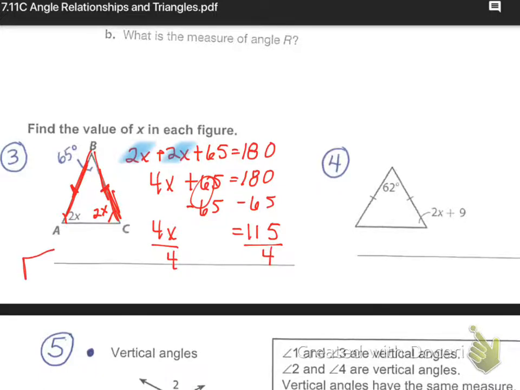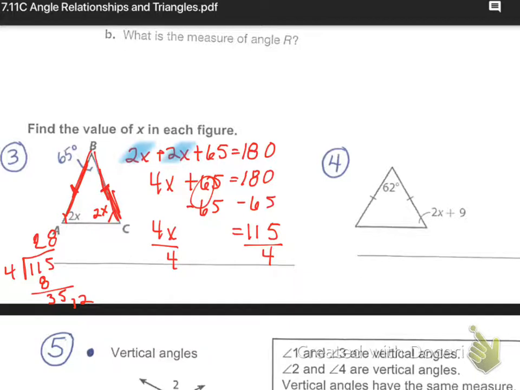Gonna come over here and divide 115 by 4. 4 goes in 11 2 times, 2 times 4 is 8. Bring down the 5, 35. 4 goes in 35 8 times. 8 times 4 is 32.